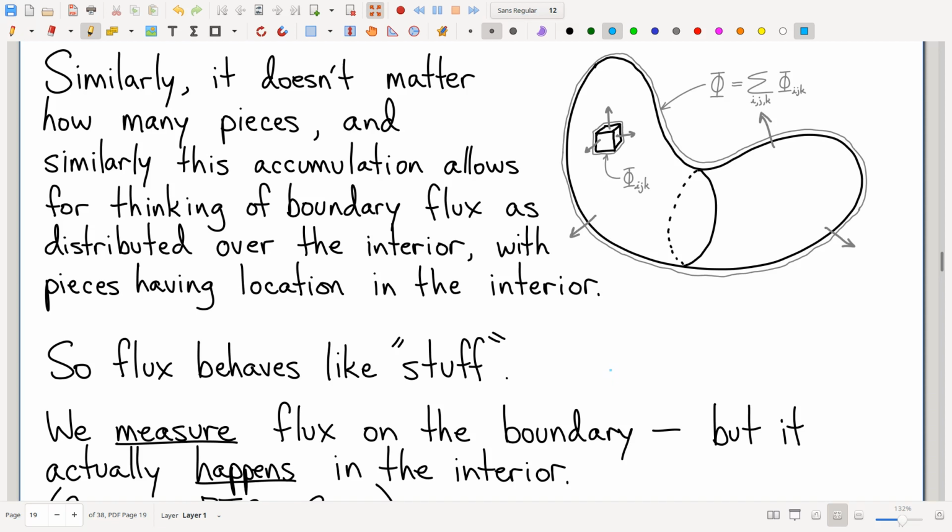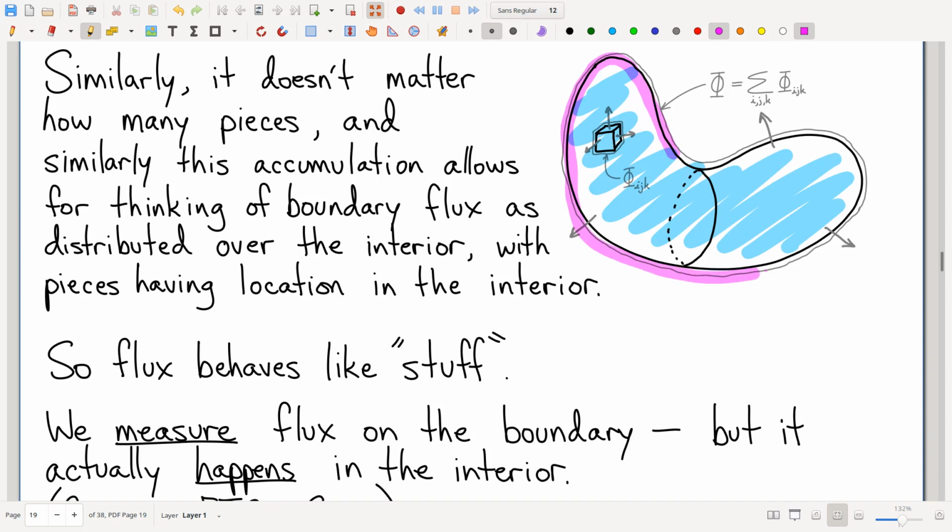Even if it doesn't feel like it, even if, for example, of course, if you're talking about a solid like this, we kind of feel like boundary flux happens on the boundary. It's right there in the name, boundary flux. We compute it on the boundary, right? But just because we compute it there doesn't mean we have to view it there.